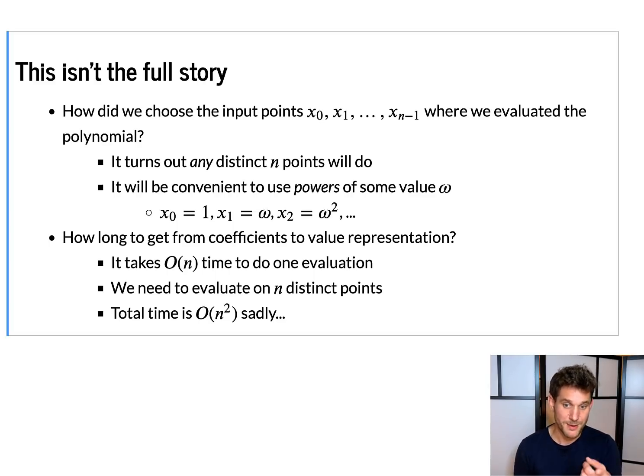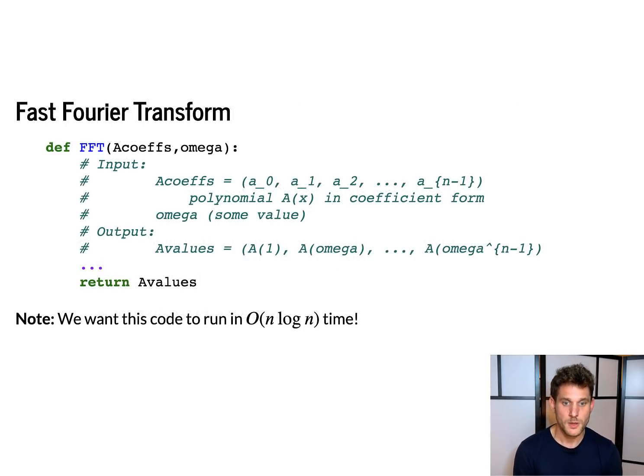But we need to evaluate this polynomial on n distinct points to get a value representation. So on total, it takes on the order of n squared, right? We had to do n evaluations, each taking O of n time. The total time is on the order of n squared. That's too bad. Turns out that's actually not so bad. The fast Fourier transform is going to solve this problem for us and make this a lot faster. So let's look at that.